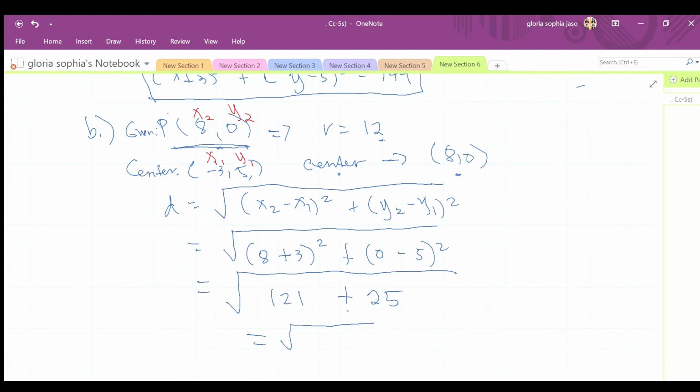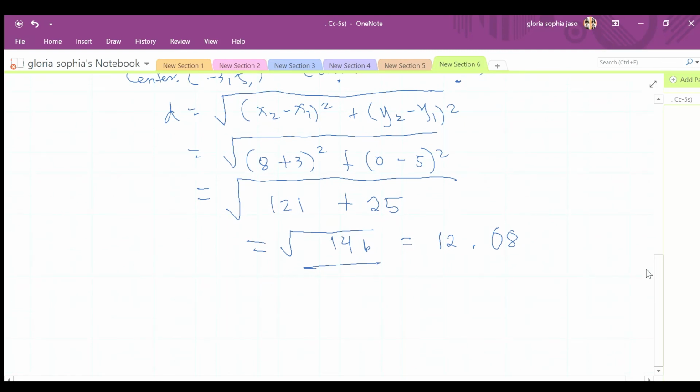Adding them, the answer is 146. Then extract the square root. Use a calculator to find the approximate value: 12.08.